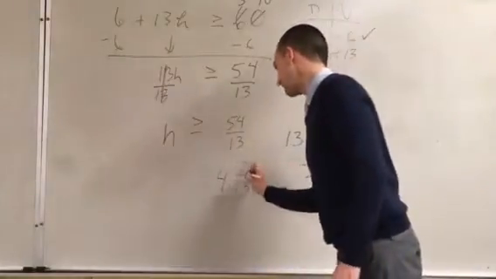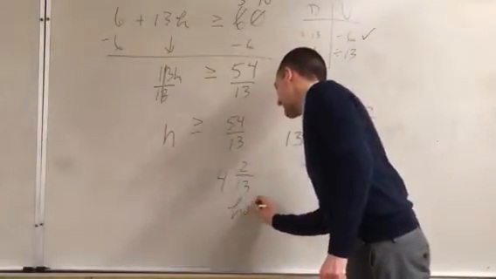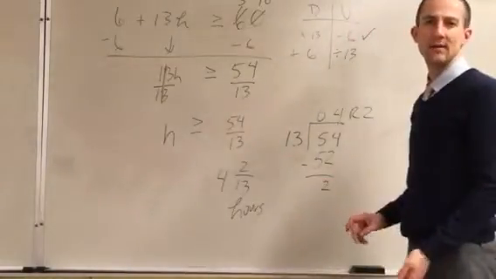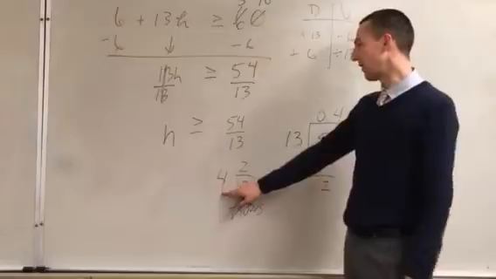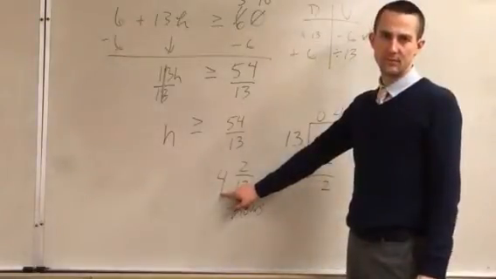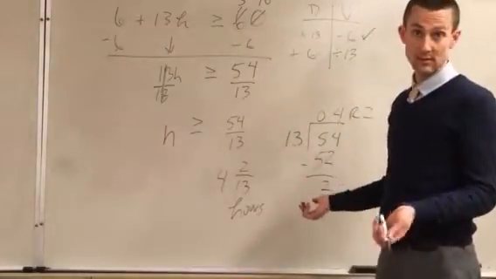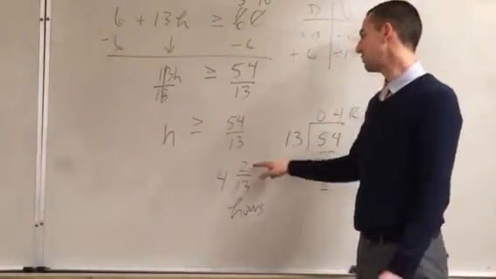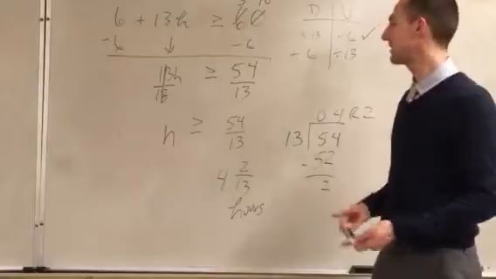This is 4 2/13 hours. So we still haven't figured out how many minutes that is, but 4 hours won't quite be enough. 5 hours is plenty. To get to $60, 4 hours 2/13 of an hour gets us there.